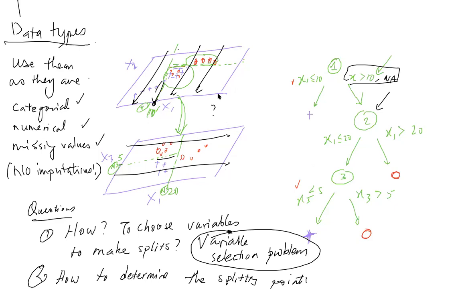Okay, and this is I think one of the very big advantages that decision trees have over all the other kinds of algorithms, if you happen to have a lot of missing values. Because when you do imputation, imputation is basically you make guesses, right? And when you make guesses on the missing values, you have to make certain assumptions about the mechanism of the missingness.